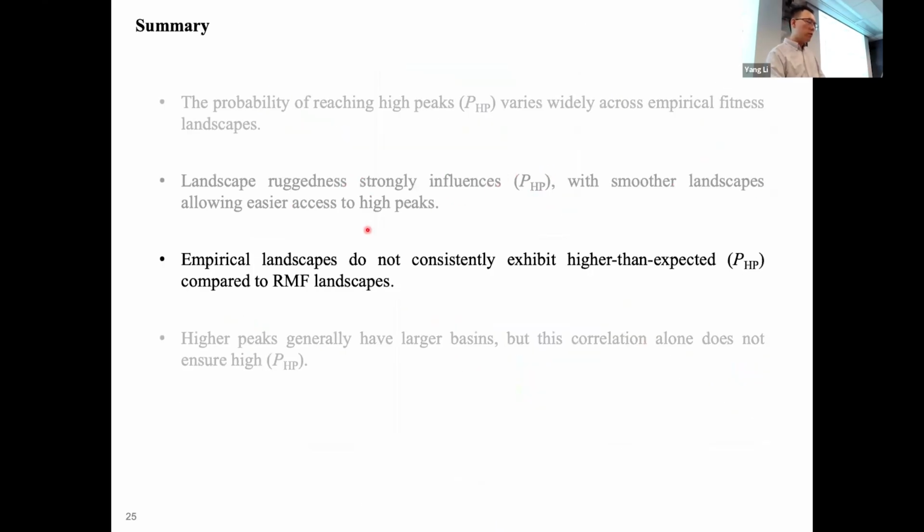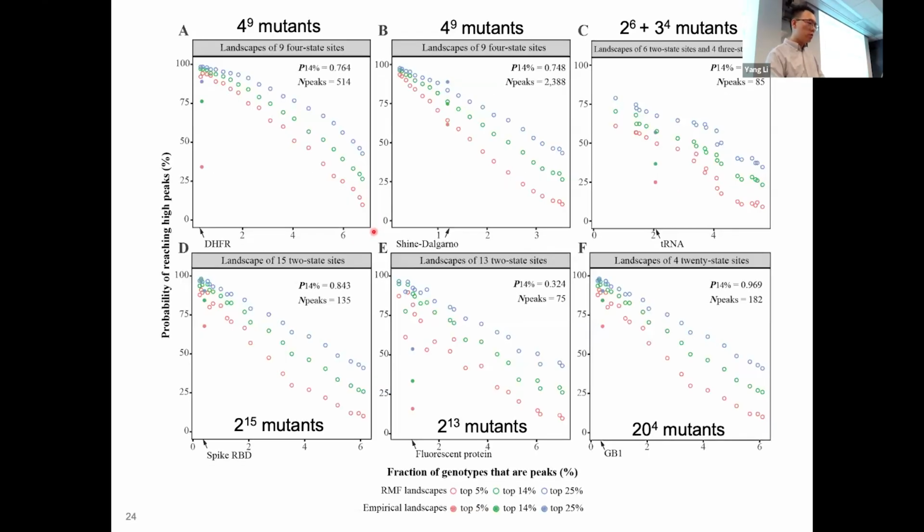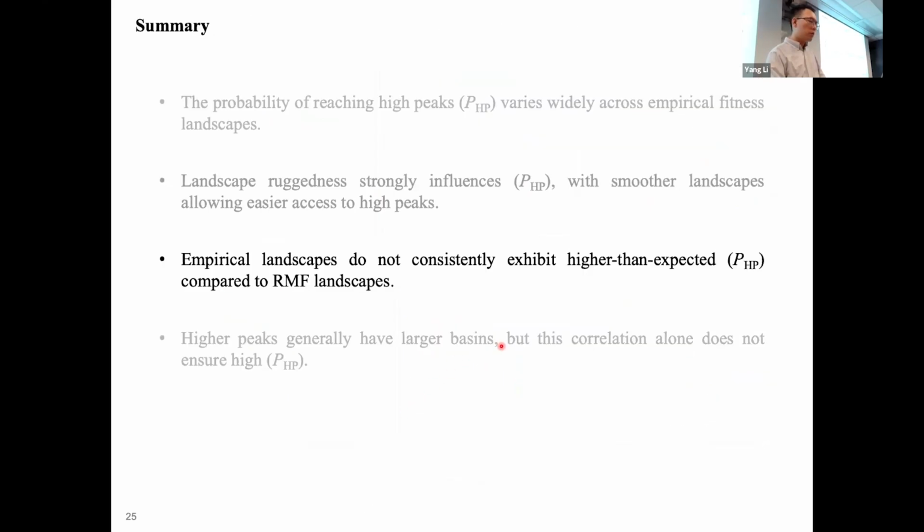But actually the empirical landscape is not consistent with the expectations, because when we look at the red color of 5%, it is not simulated very well in these situations. Yes, because the shapes of the landscapes are also different. So using the theoretical Rough Mount Fuji model, the landscape does not fit very well.